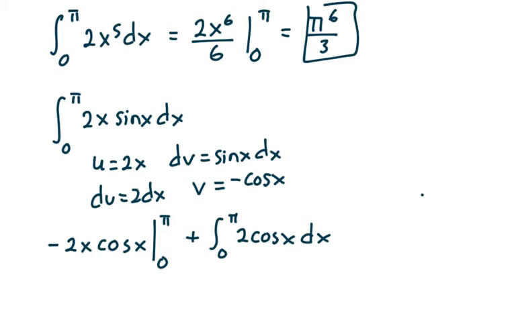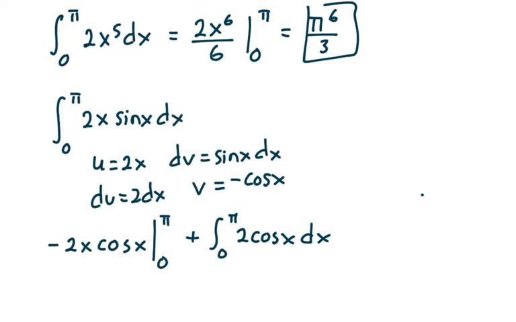And then the integral from 0 to pi of 2x sine x dx requires integration by parts. So I'm going to let u equal 2x, du is 2 dx, dv is sine x dx, and then v is negative cosine x.